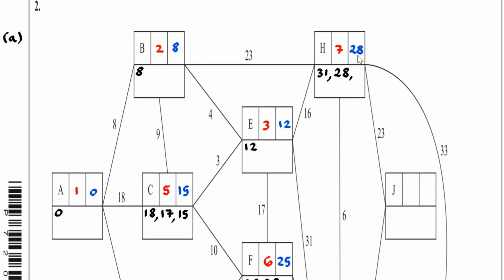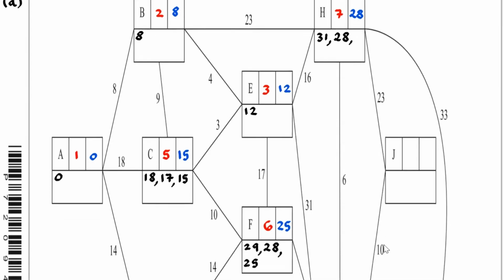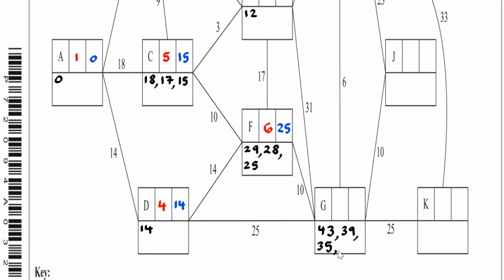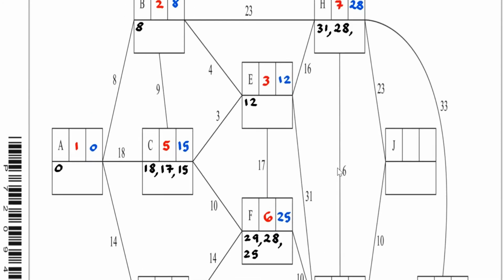So now let's see what comes off H. We have 28 plus 6, which is 34. We have 28 plus 23, which is 51.